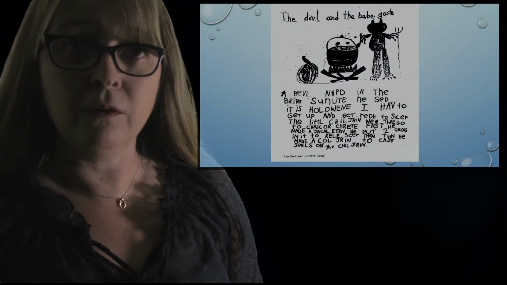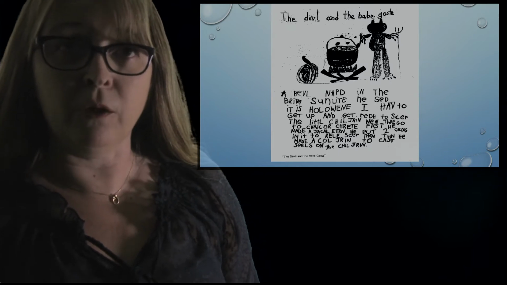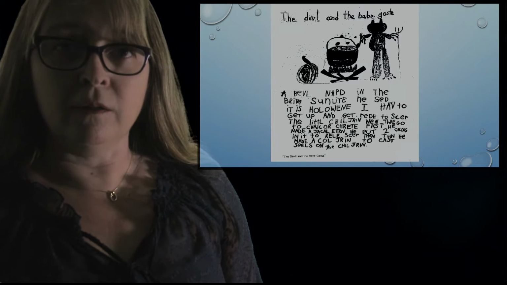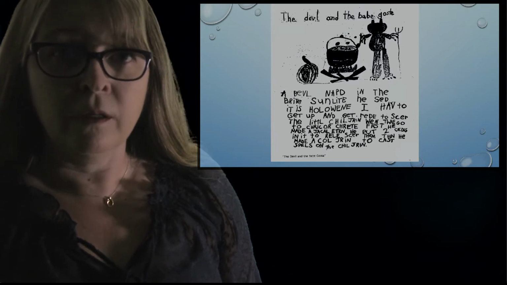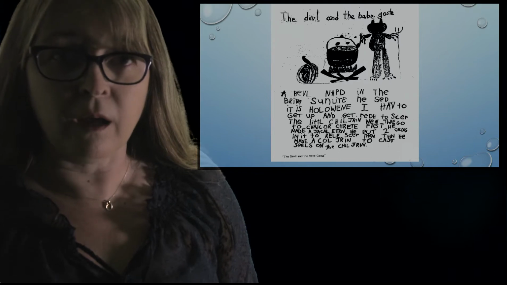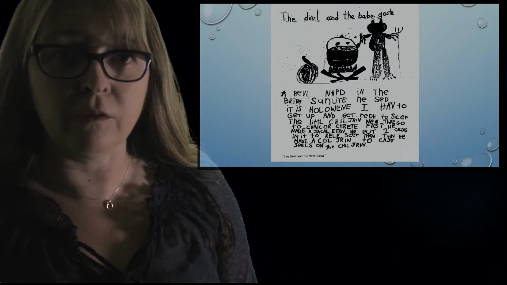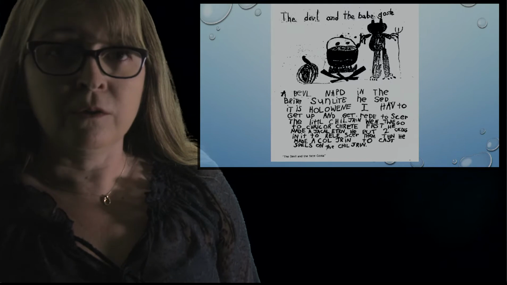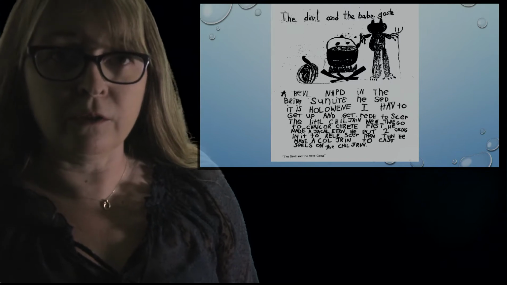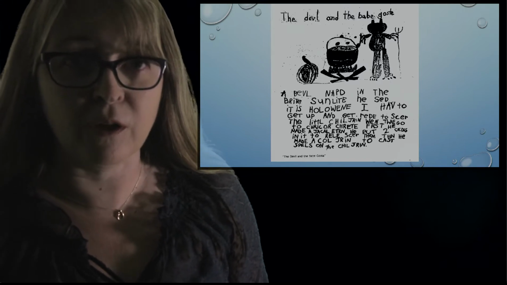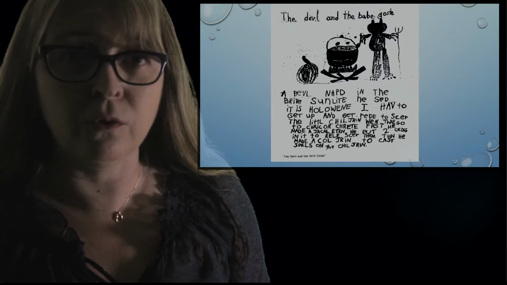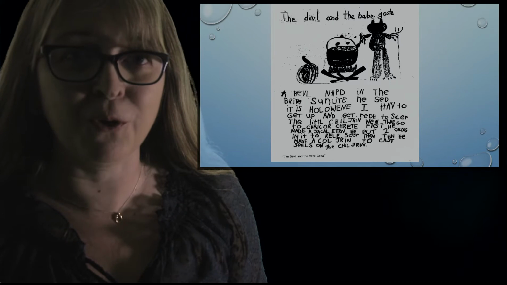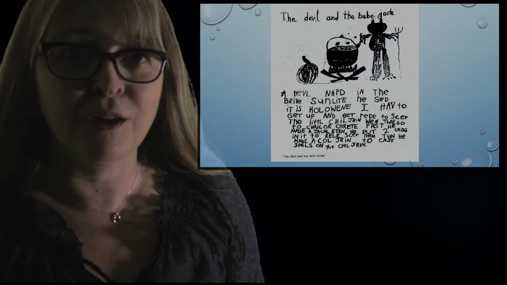The devil and the baby ghost. A devil napped in the bright sunlight. He said, "It is Halloween. I have to get up and get ready to scare the little children," with a J. I love that. "When they go to trick or treat," CH.